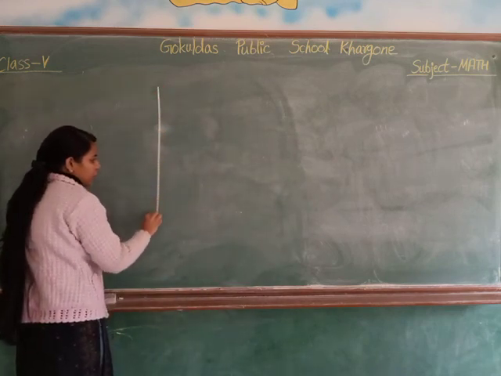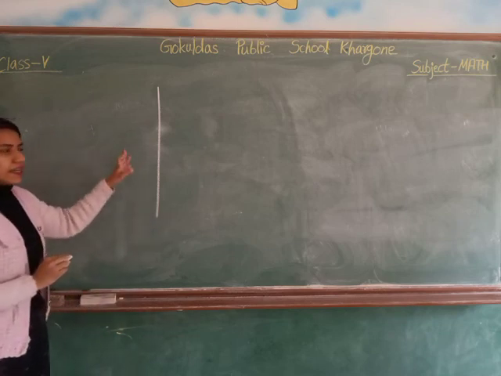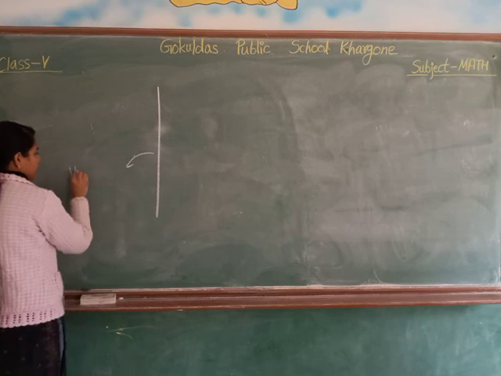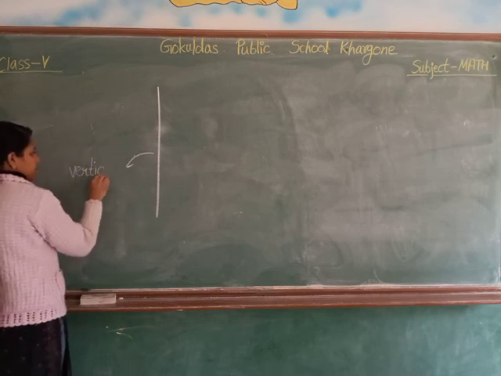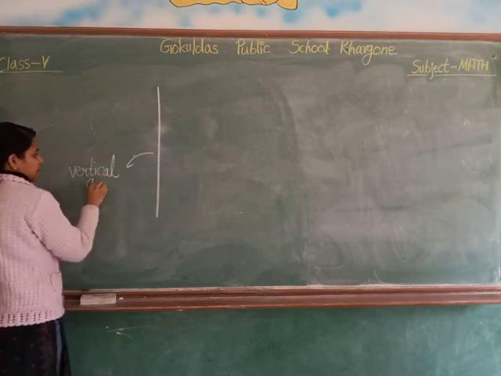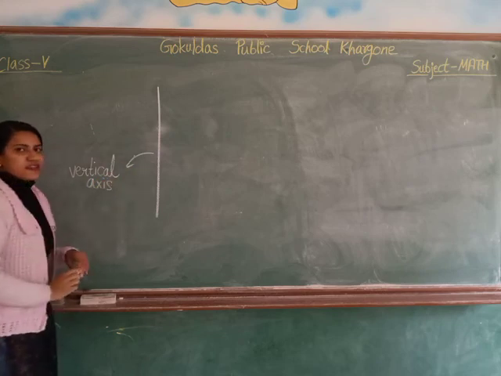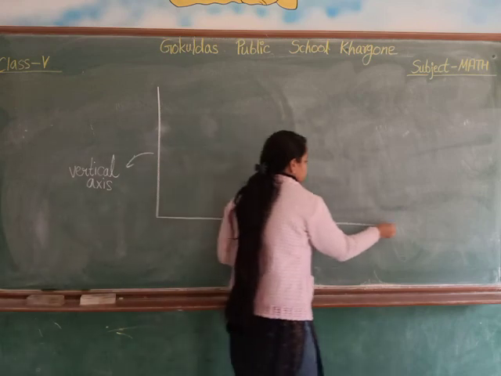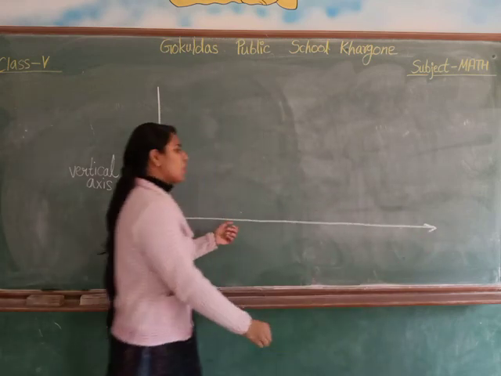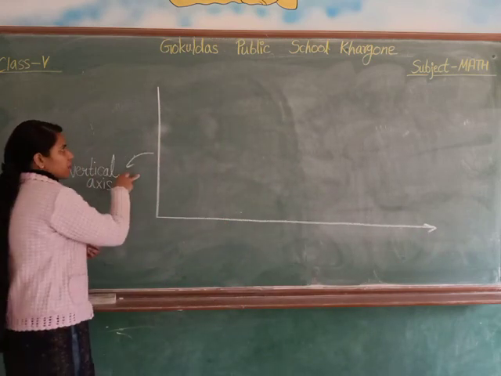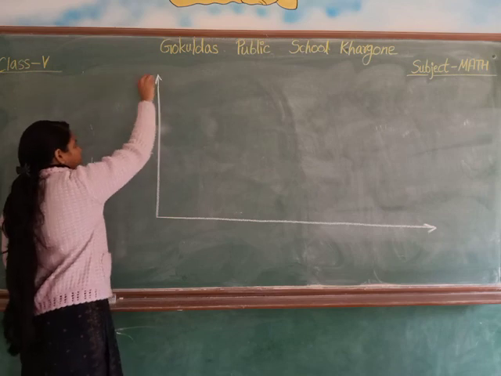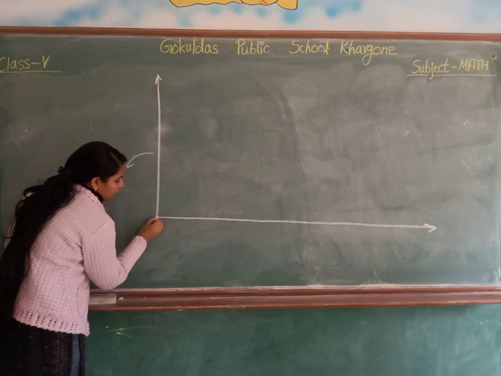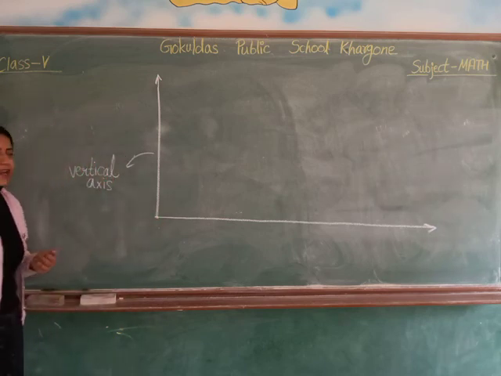First of all, you will draw a vertical axis, a vertical line. This line is known as the vertical axis. Then you will draw a horizontal line. The vertical axis and the horizontal axis must meet at a point.